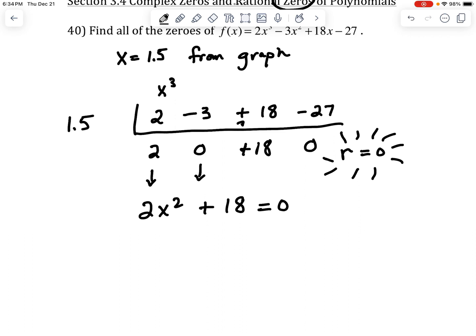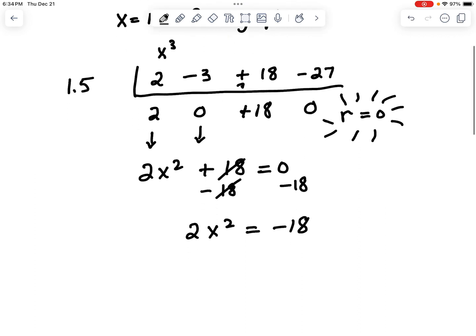And then subtract 18 from both sides. So we've then got 2x squared equals -18. And we only have 2 more steps. One is divide both sides by 2. So that leaves x squared equals -9.